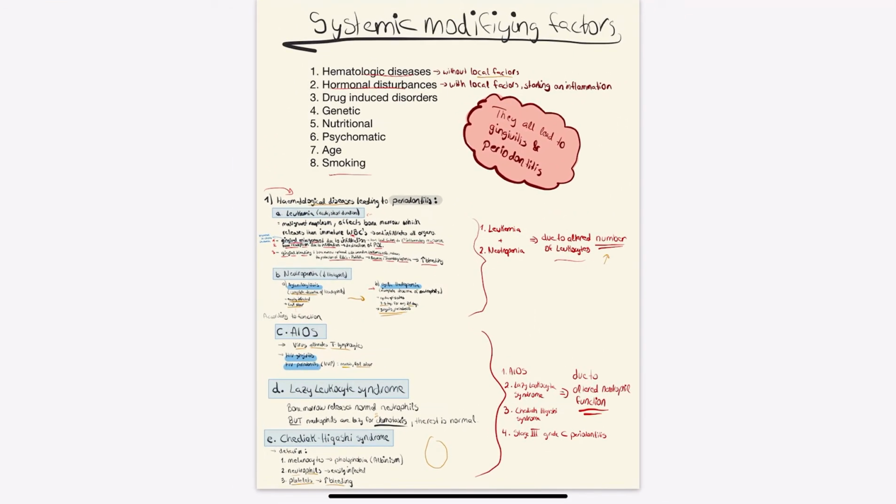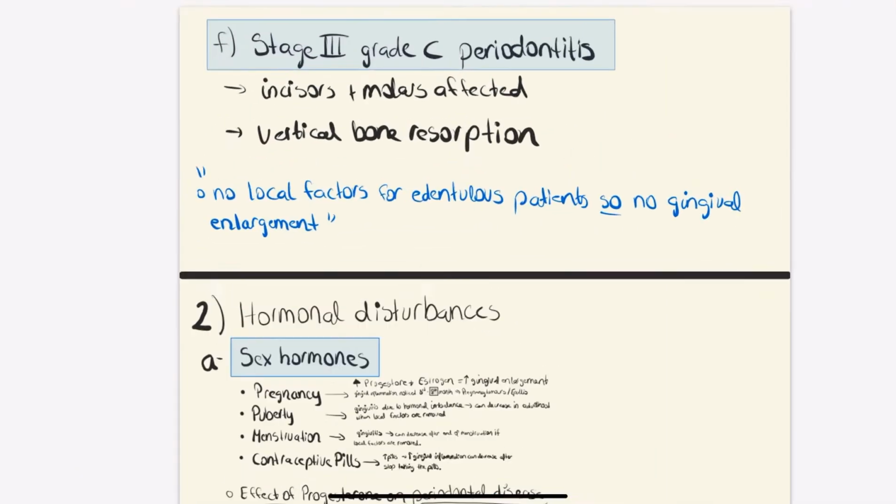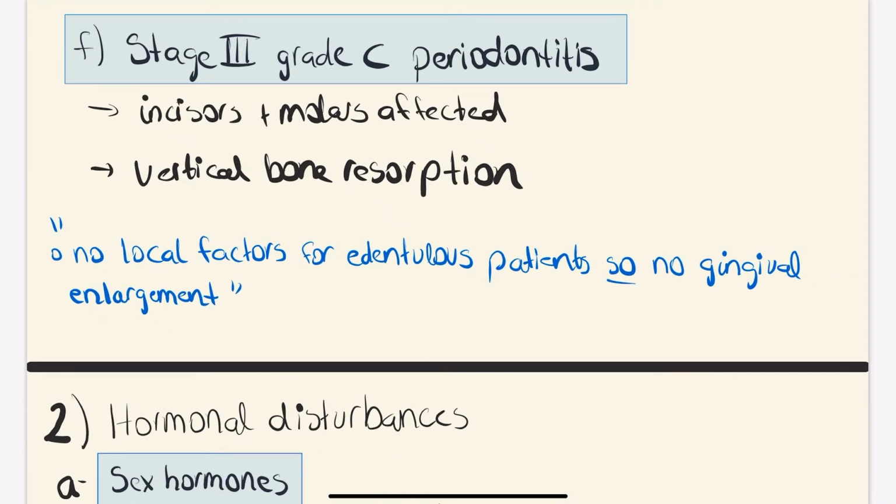Okay, then we go to the last one, stage 3, grade C periodontitis. I don't know if you got this as a separate topic in periodontology, but this is quite a big topic to understand.